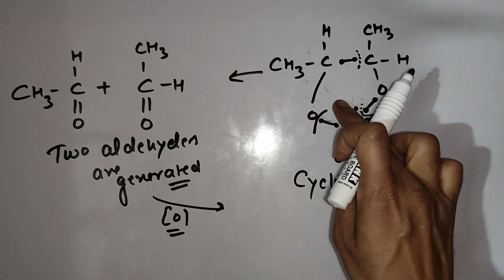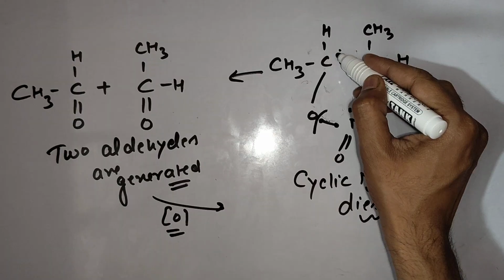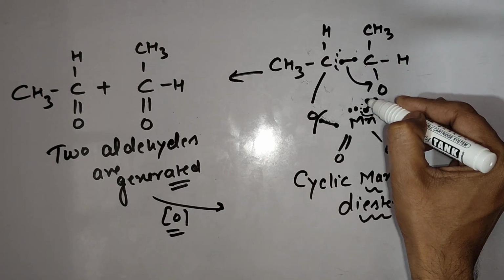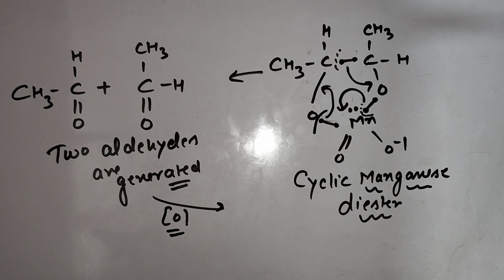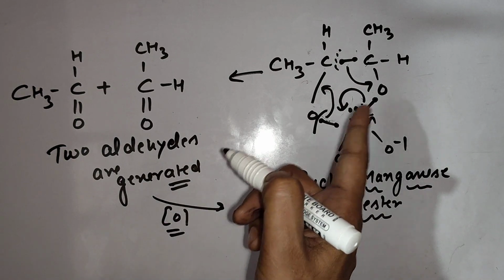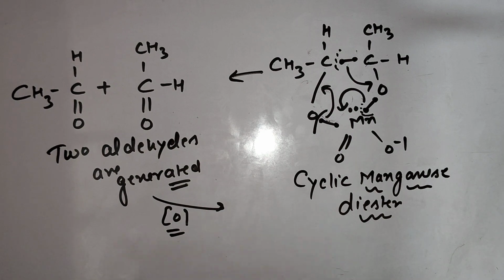The same compounds will generate. Suppose you want to transfer electrons to this oxygen in the opposite direction, the bonds will break like this. The same compounds will generate, the same oxidation change of Mn will happen. Please check the change in oxidation state of Mn by yourself. Thank you very much for watching the video.